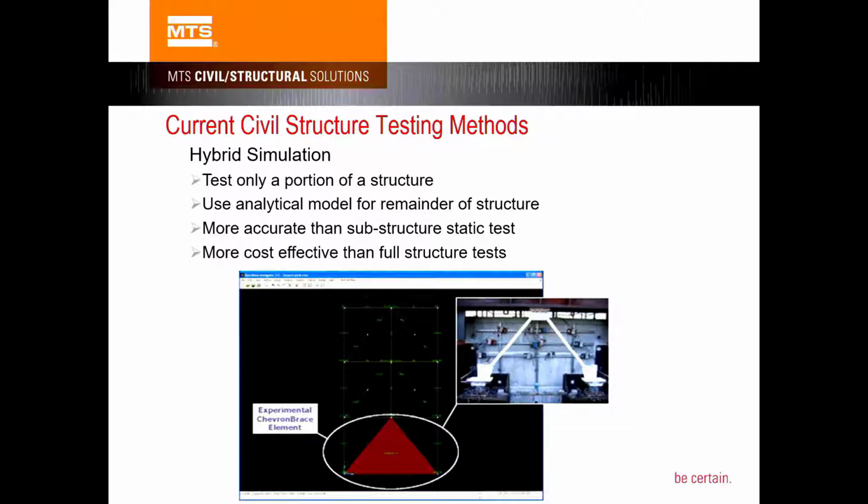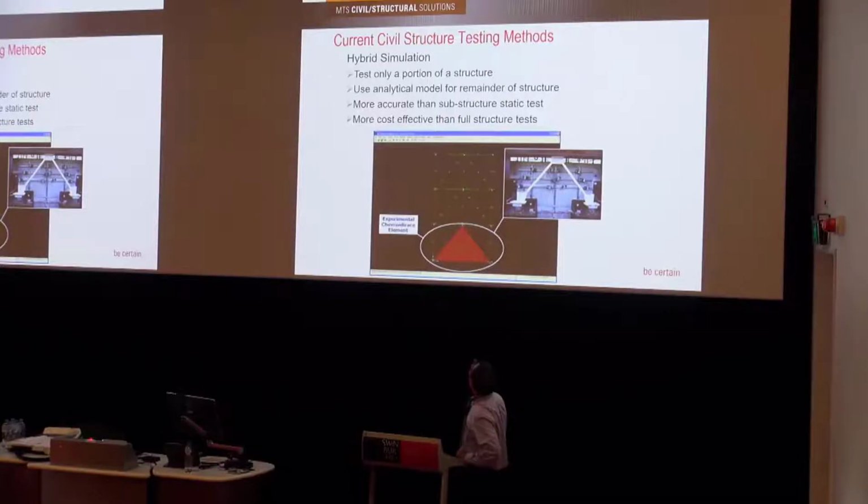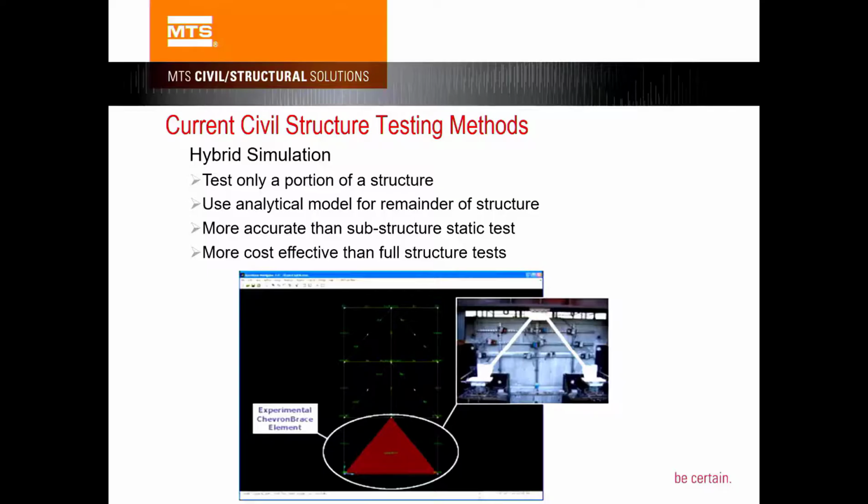So during the hybrid simulation, the analysis model calculates the displacement at the connection point and sends that command to the lab, and lab actuators load the substructure, and then the force feedback goes back to FEA and calculates the next command. So this is a hybrid simulation.